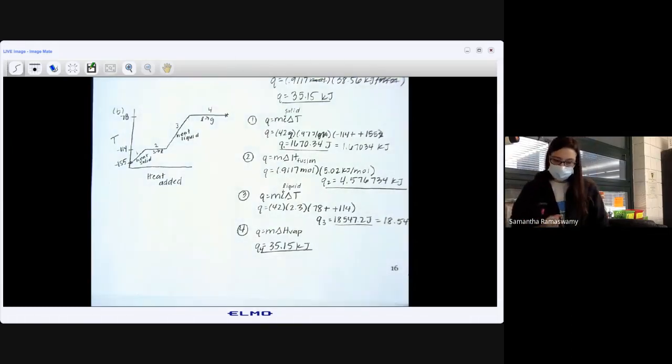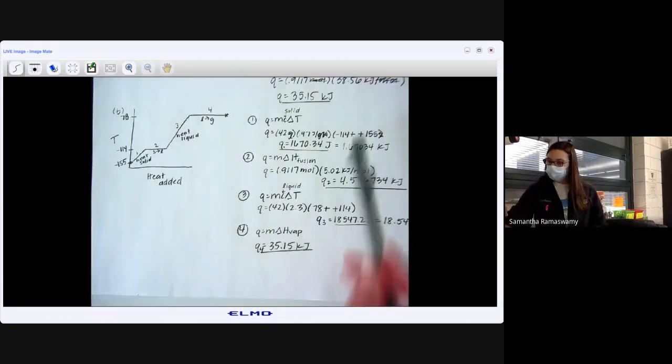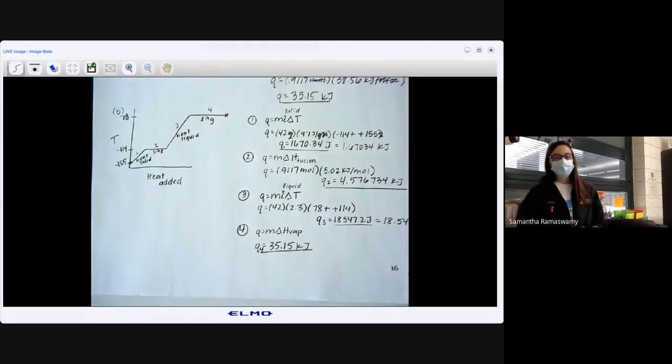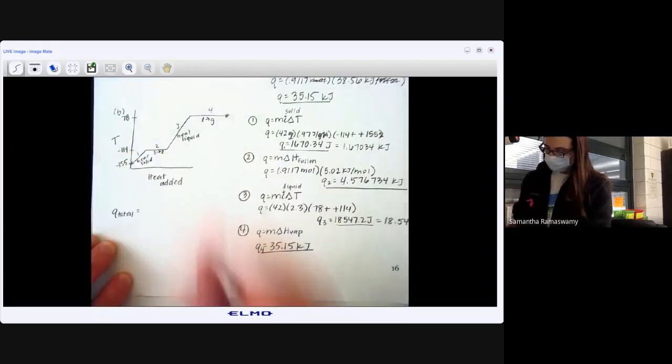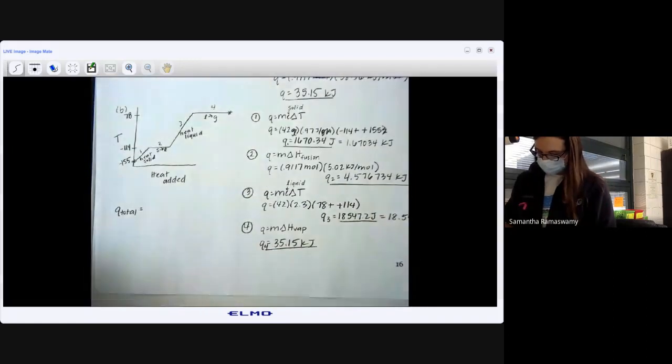And so I have Q1, 2, 3, and 4. If we want Q total, we can just add them up. So 1.67, 4 point.